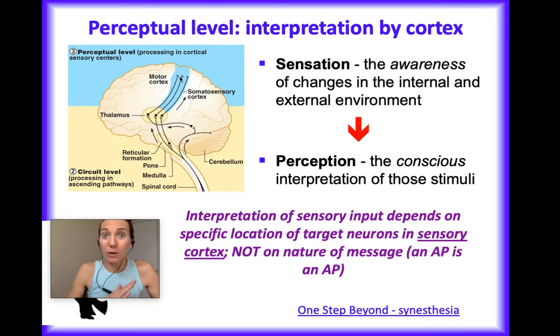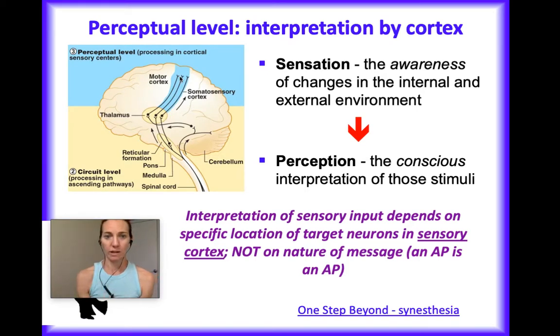You may have experienced pressing on your eye and having your brain interpret that as a flash of light. And that's a nice example. So those photoreceptors, while they're being stimulated by pressure, the brain is still going to interpret it as a bit of light because it knows that it's coming from a particular neuron that is sensing visual input.